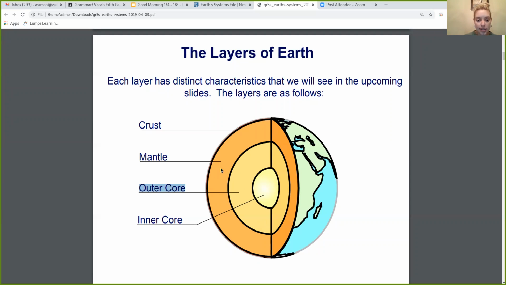Then the next layer, this layer right here, is called the mantle, which is this orange color here. And finally, our newest layer, our thinnest layer, which is actually the layer that we live on, is called the crust. And it's this little black piece here.